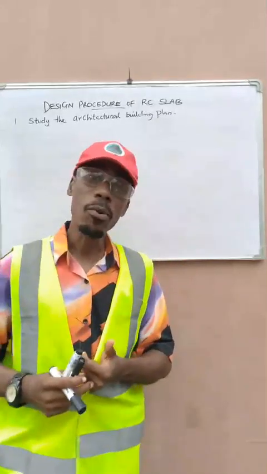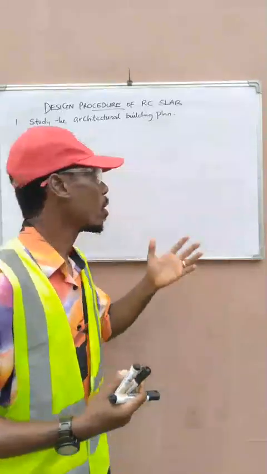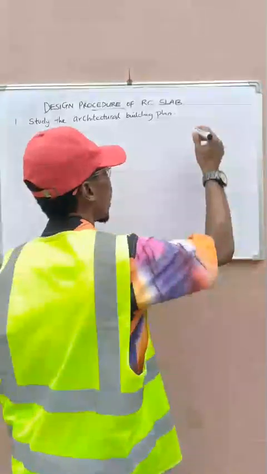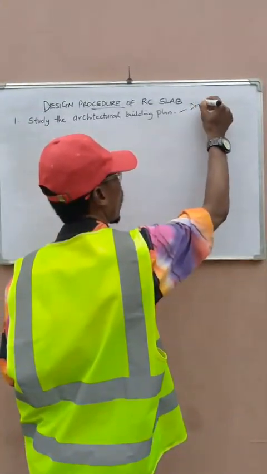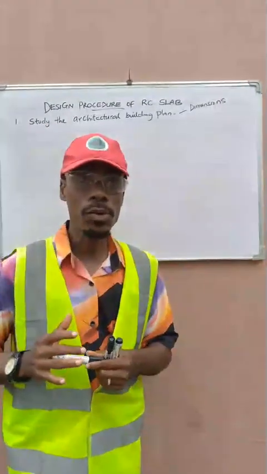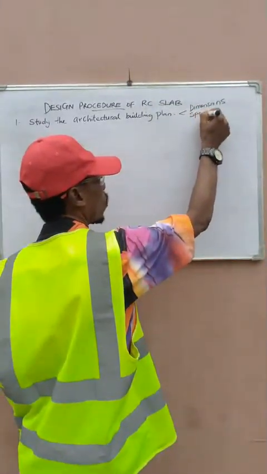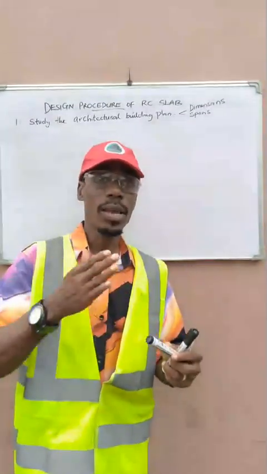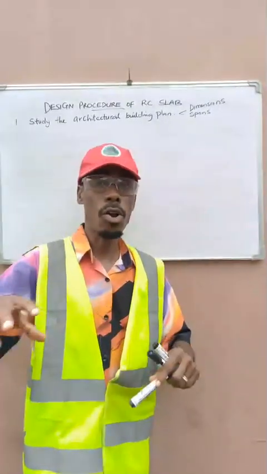So first and foremost, you receive the architectural drawing and you study it. Under the architectural drawing, the basic things you need to look out for are the dimensions and the spans. The spans, I mean the distance between one partition to the other, basically those areas where you have your column points.